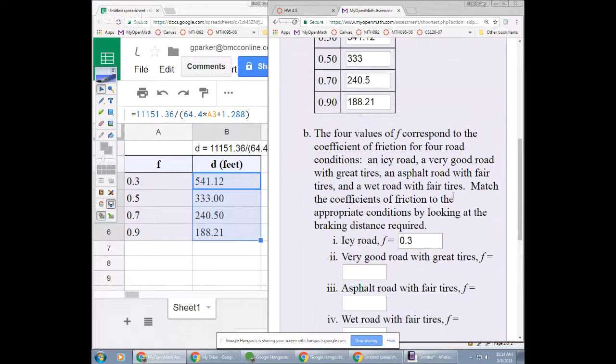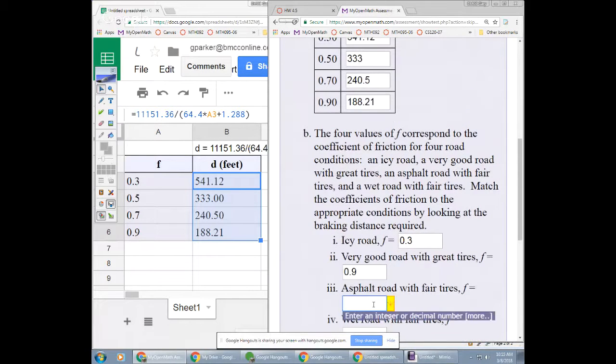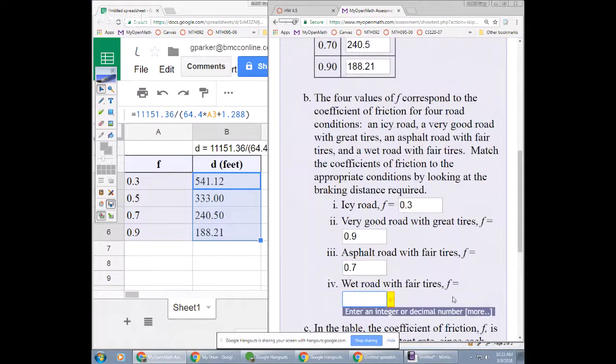Which one's probably the very good road with great tires? 0.9, yeah, that's going to be the best conditions possible, highest friction coefficient. Asphalt road with fair tires, 0.7, I'd agree with that too. And then the wet road with fair tires, 0.5.